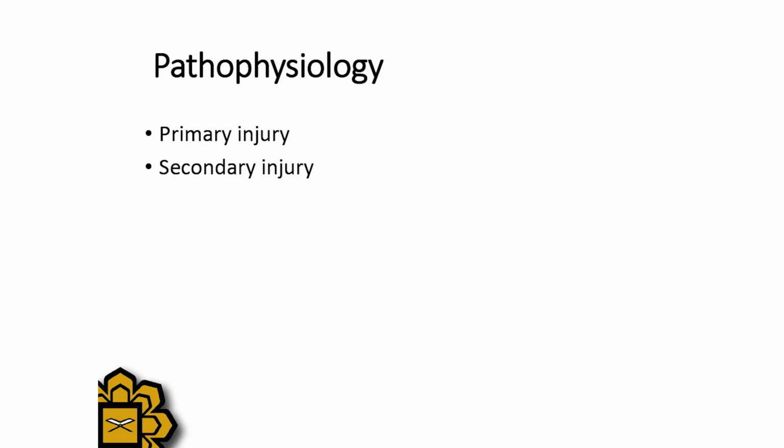When we talk about spinal cord injury, we talk about primary injury and secondary injury. How do you differentiate between them? Primary injury you can prevent with education, but secondary injury usually you cannot prevent because it is at the cell level. That is why most of the R&D is involved for secondary injury, not primary injury.